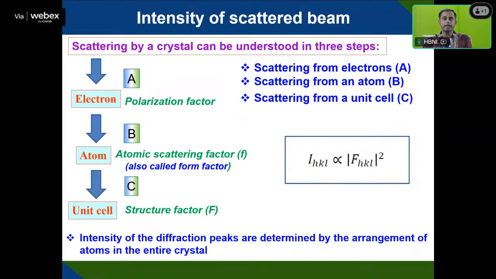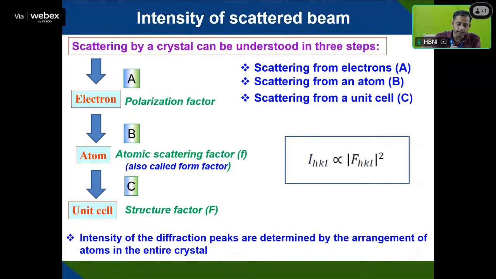There is a unit cell, in the unit cell there are atoms, and in the atoms there are electrons. So when X-ray is diffracting from a material, it's scattering from the unit cell, from the atoms, and from the electrons.